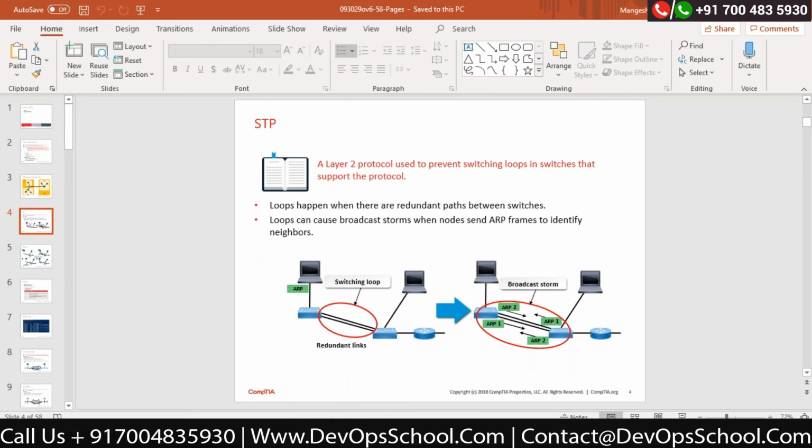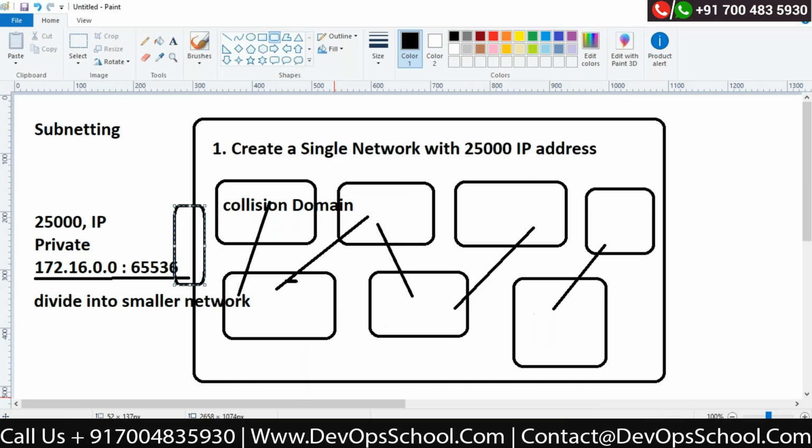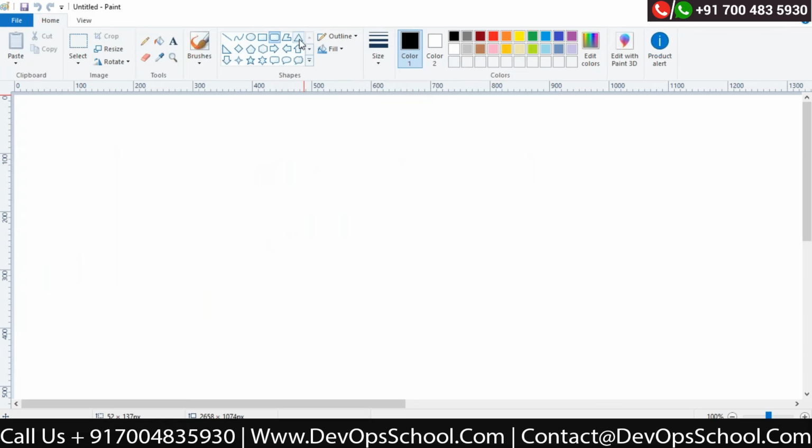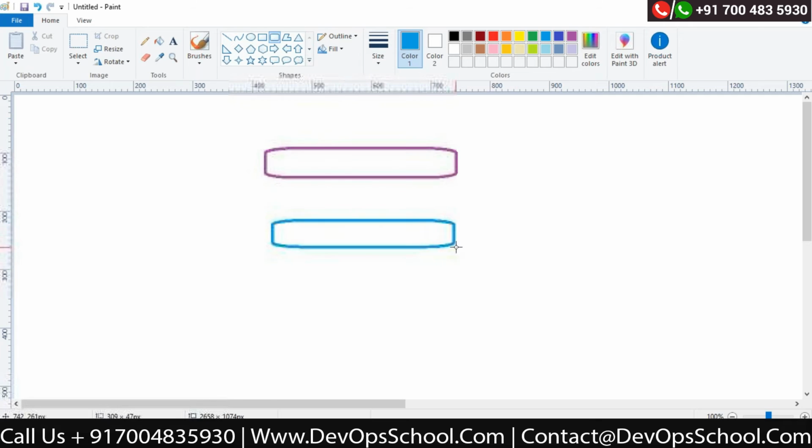Okay, let's consider I have two switches. This is switch number 1 and this is switch number 2. I'm talking about switches, not routers.